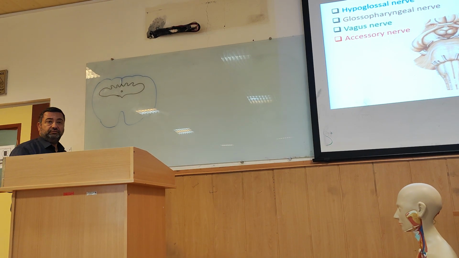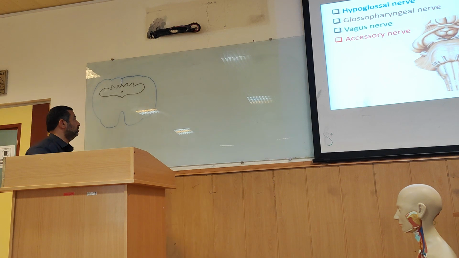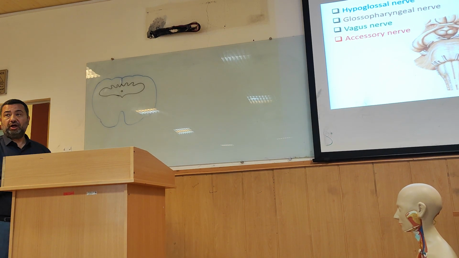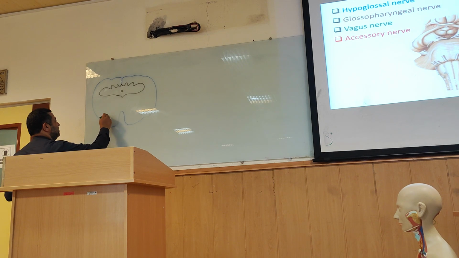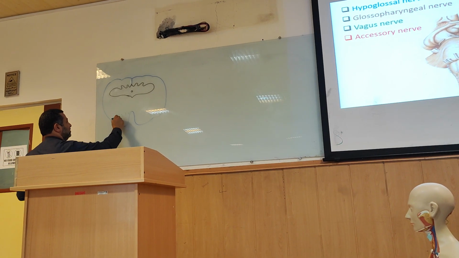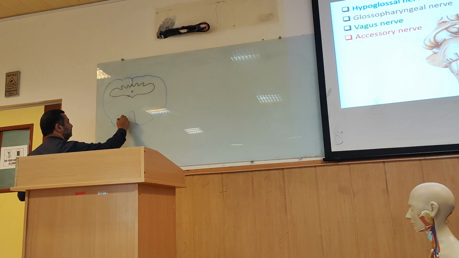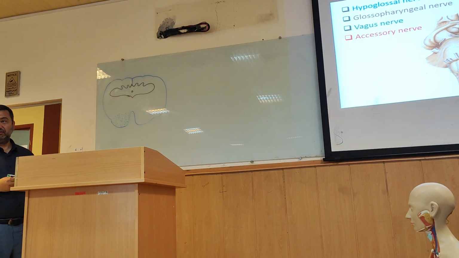In this area, in the anterior part of the medulla oblongata here, there are descending fibers. Yeah? These descending fibers are corticospinal tract or pyramidal tract. Okay?